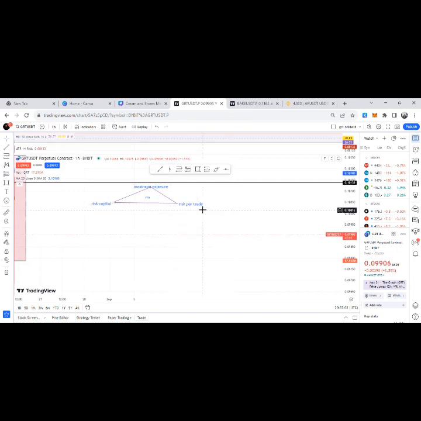So now I've told you that you must not lose more than 10% of your risk capital at any given time. However, if you want to apply to a prop firm, prop firms are those that allow you to trade for them. They can give you $2 million for you to trade for them, but they will first put you through a series of tests.